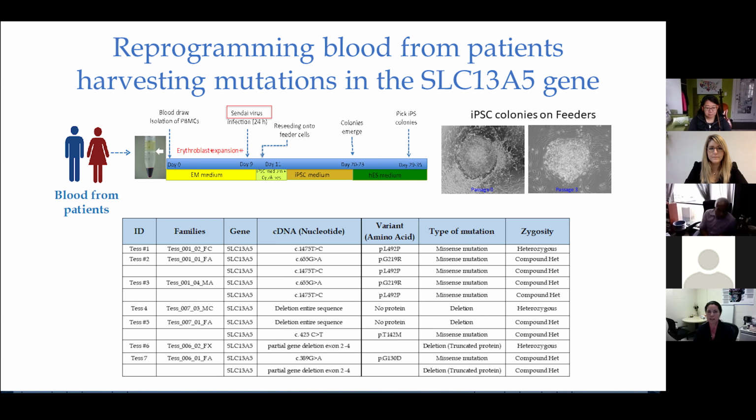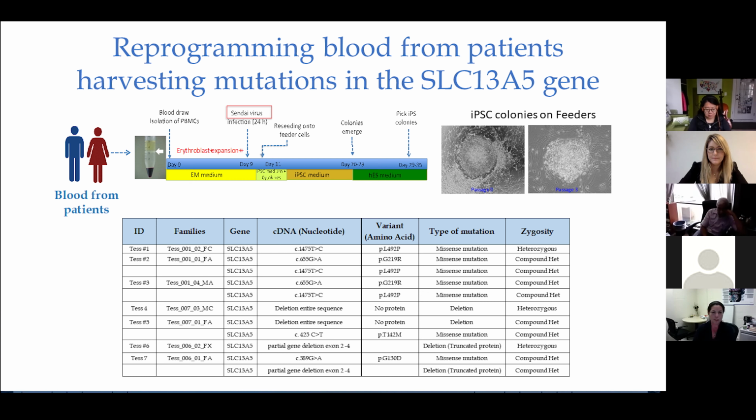This virus is a cytoplasmic virus, so it's going to express these 4 transcription factors, and then these will induce the expression of the endogenous genes. So after 3 or 4 weeks, we will see these colonies appear, and then we will just propagate those colonies and characterize them.